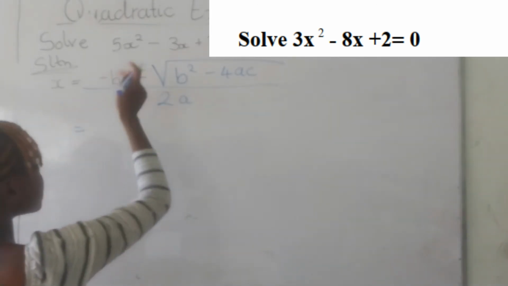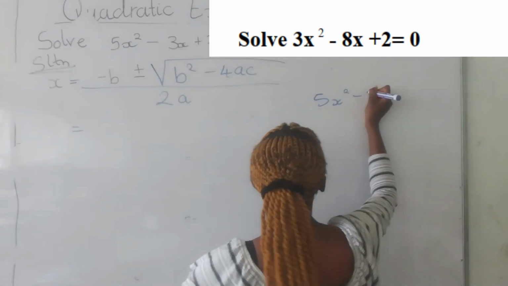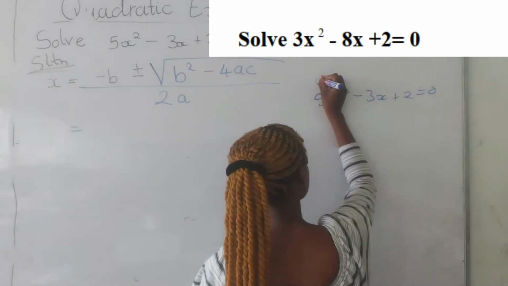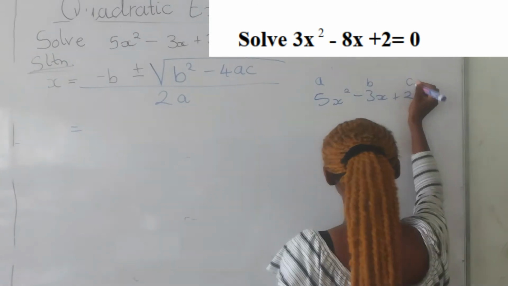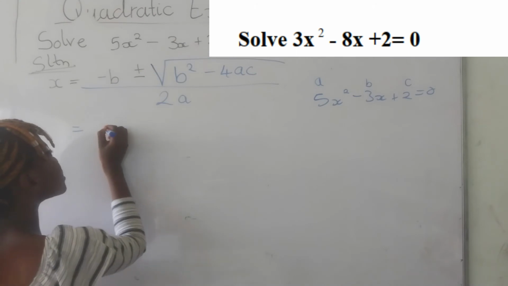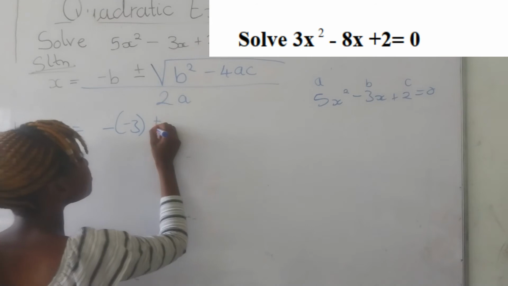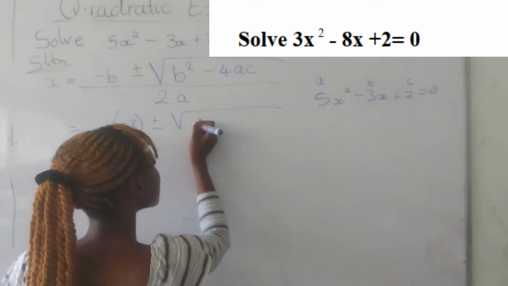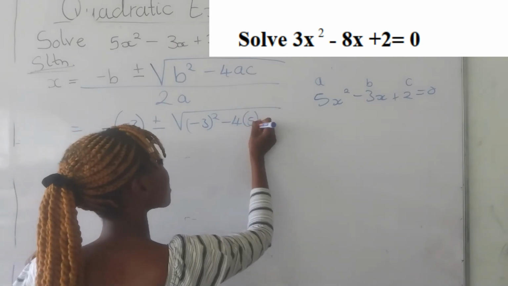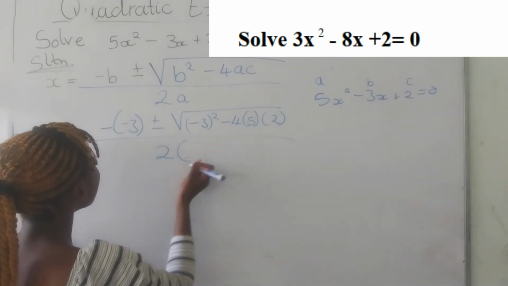This is equal to, as we have said, 5x squared minus 3x plus 2. This is our a, this is our b part, and this is our c part. Okay? Substituting into the formula, we put minus b plus or minus root of b squared, minus 3 squared minus 4 times 5 times 2, over 2a.